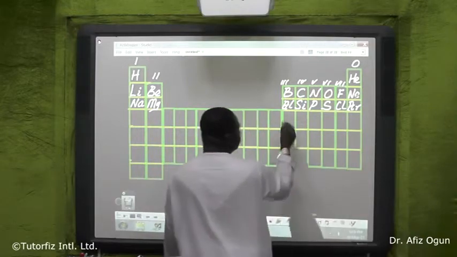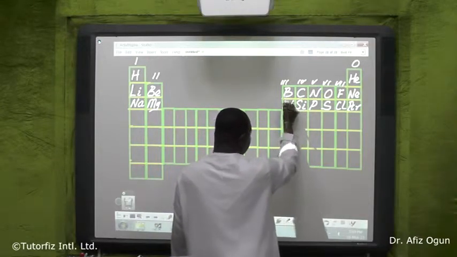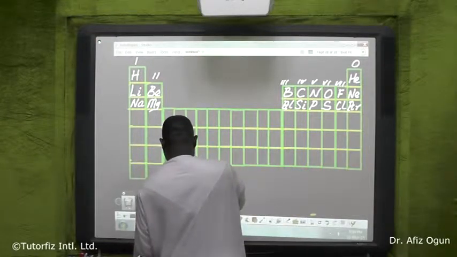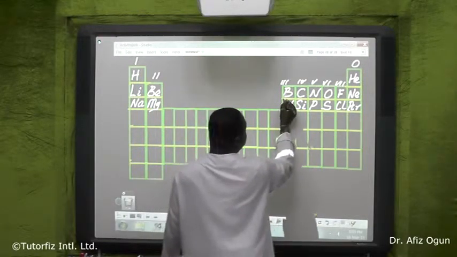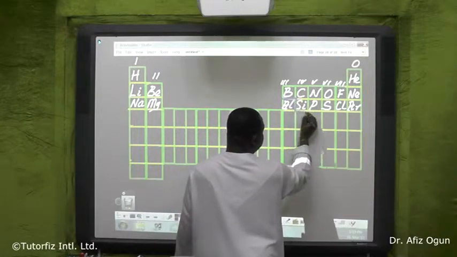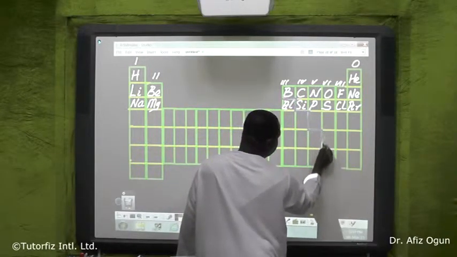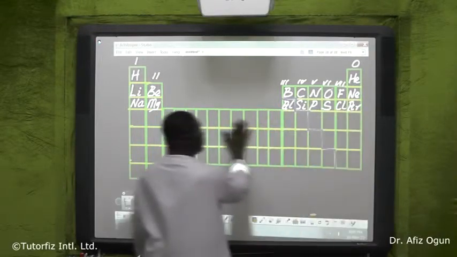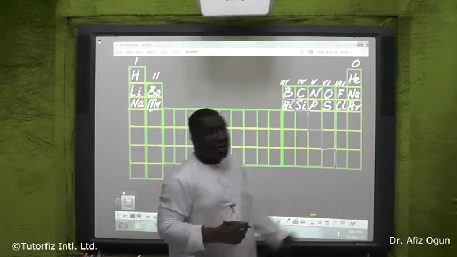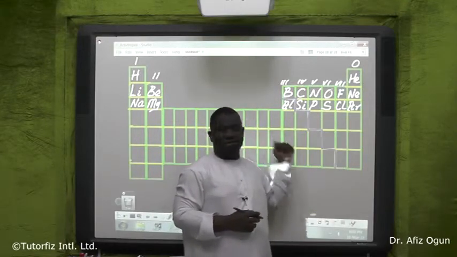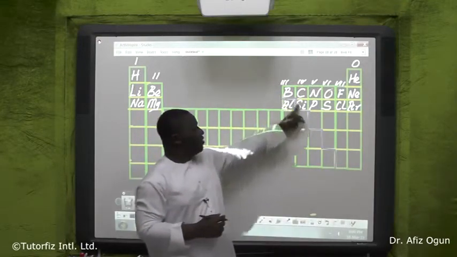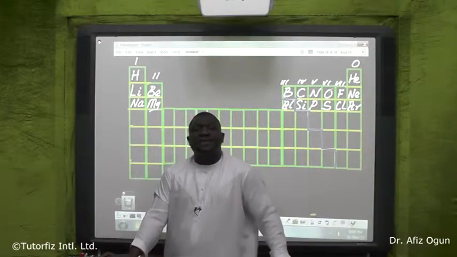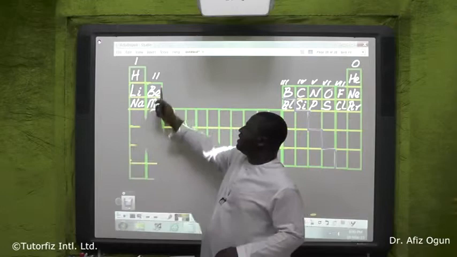And you remember, on the right side we have non-metals, and on the left side we have metals of this step. Metals have few electrons in their outermost shell.